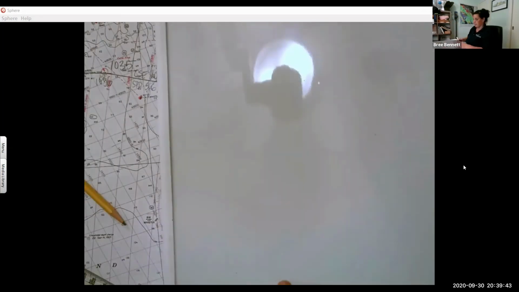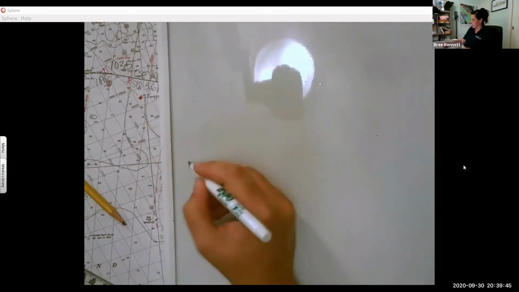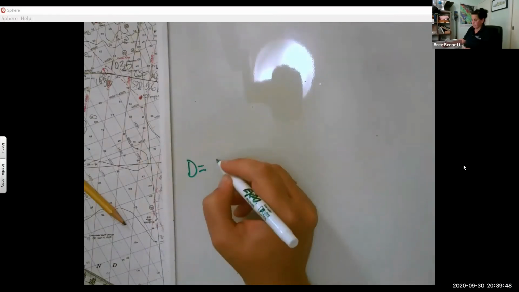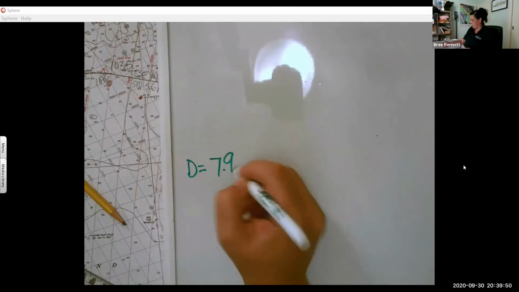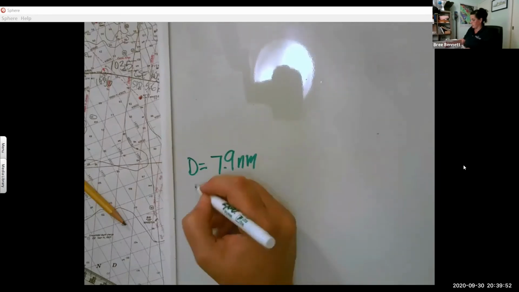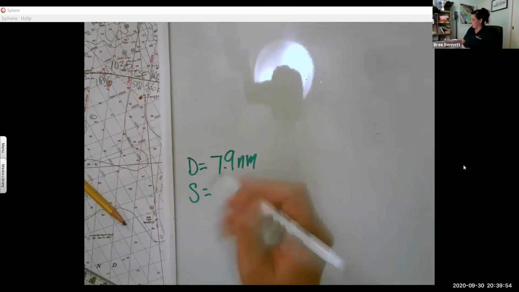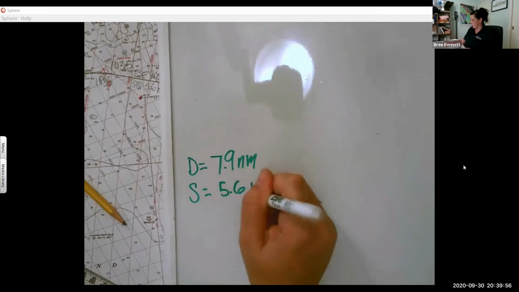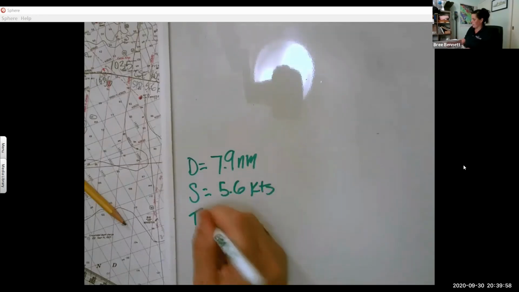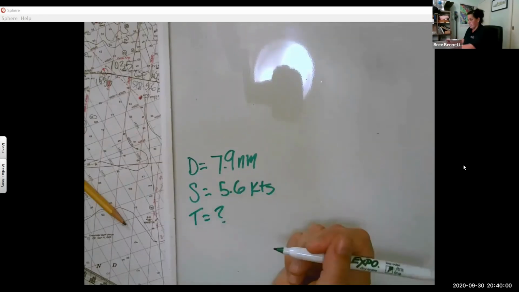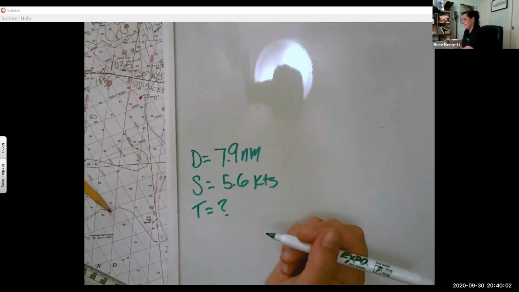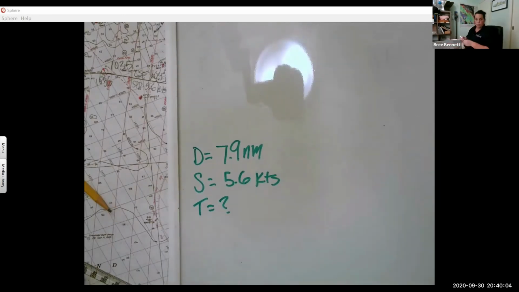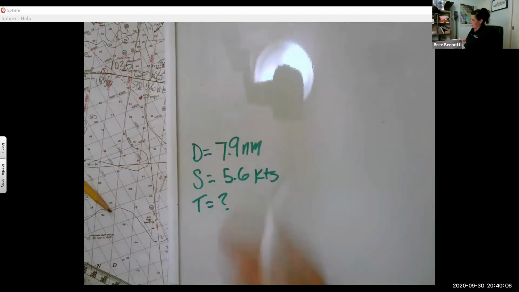Try to tilt it a little. Okay, so our distance was 7.9 nautical miles. We have a new speed of 5.6 knots. What is our ETA? That is our question, right? What is our ETA to buoy 29? So we're looking for time.